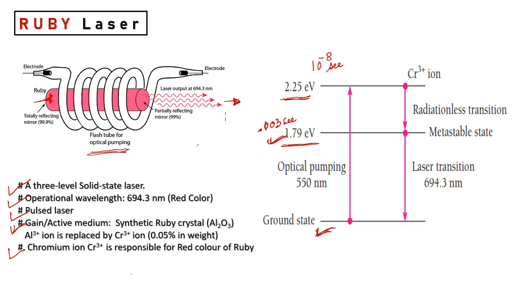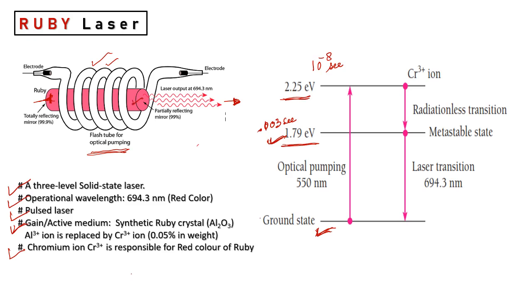In the ruby laser, we use a xenon lamp. You can see this xenon lamp around this ruby crystal, which excites the chromium ions which are present inside this ruby crystal.